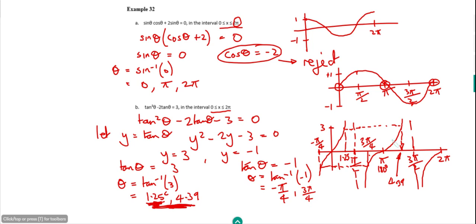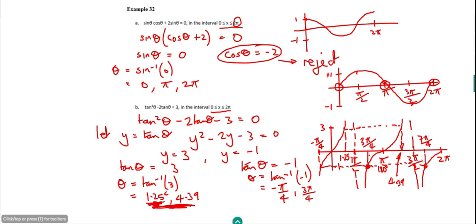And then we can continue. If we add again, we're still in the range of 0 to 2 pi. So I'm adding a pi onto this value here to get me this value here. And so if I add pi onto 3 pi by 4, I actually get 7 pi by 4.